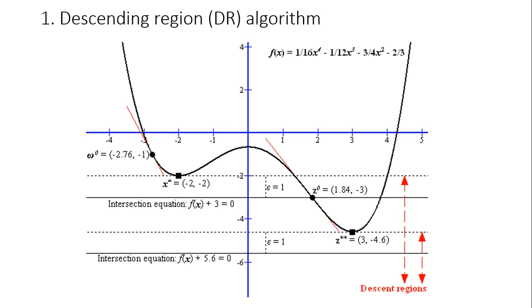This track shows the descending region DR algorithm. You see that? This is the descending region. There are two descending regions.